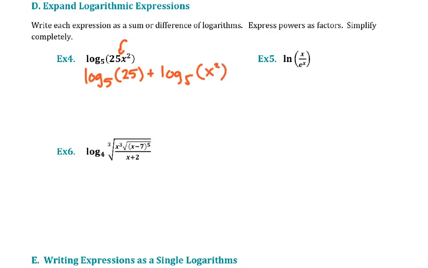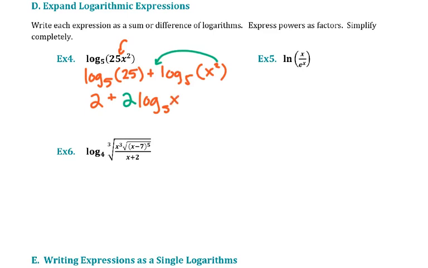Each of those factors in my argument now becomes their own argument, and there's a plus sign between them. That first logarithm, log base 5 of 25, is equal to 2. And then the second piece, because we have that power, our power rule lets us put that in front, so I can say this is 2 times log base 5 of x.